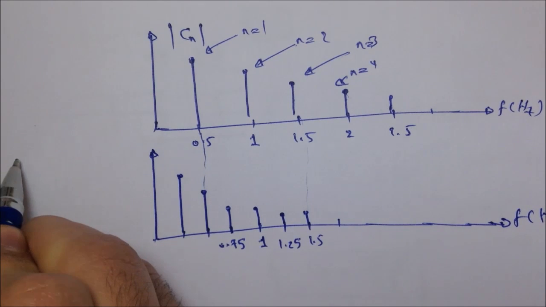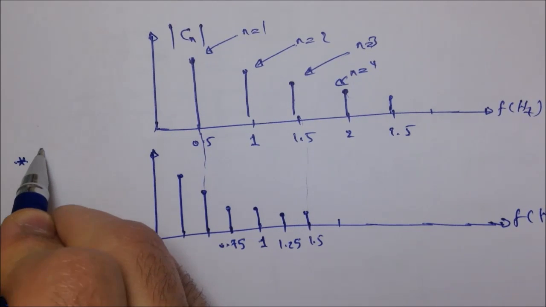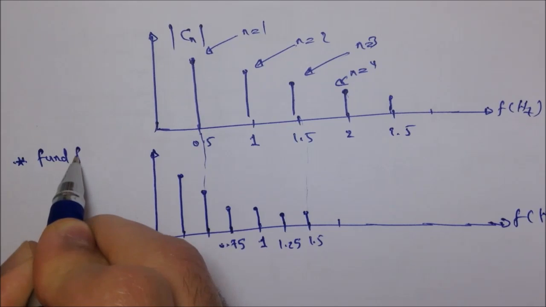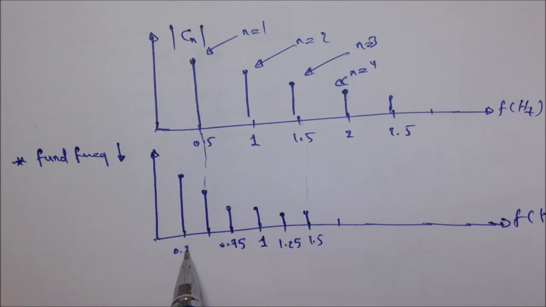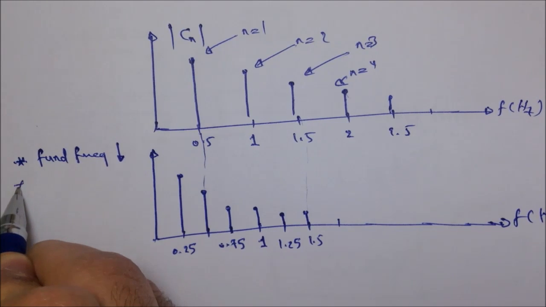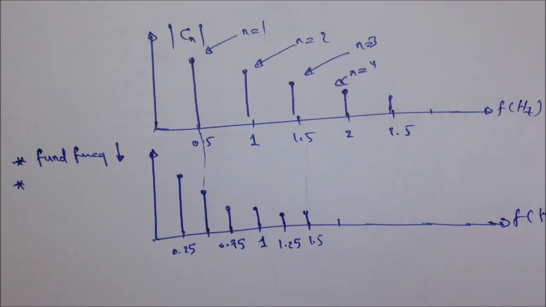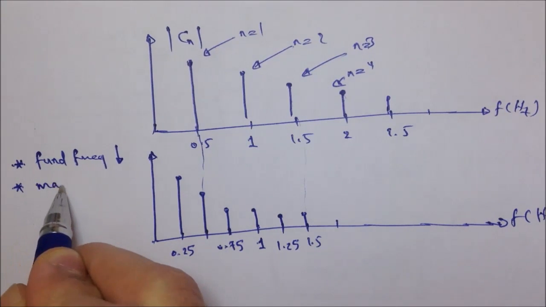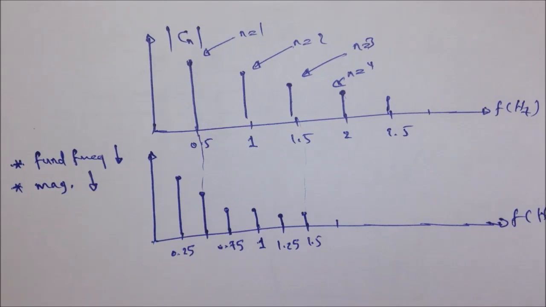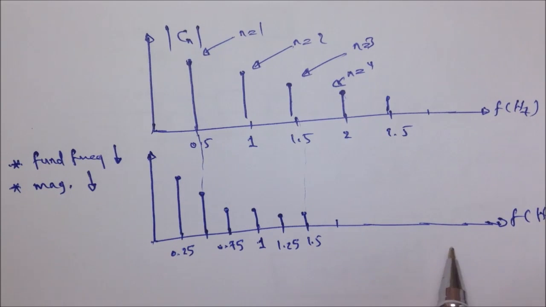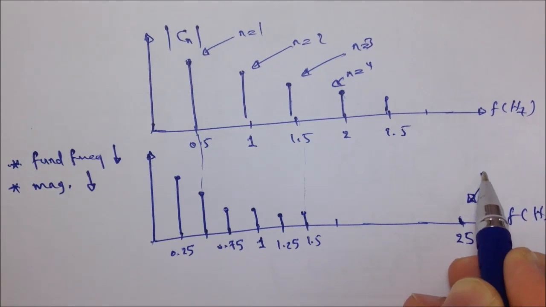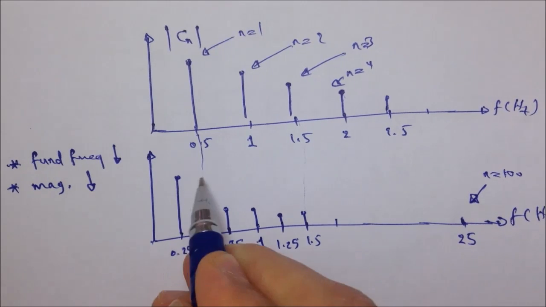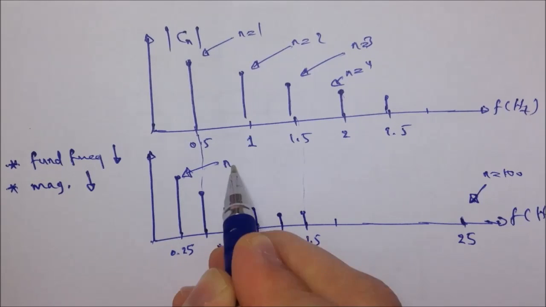So we can see that the fundamental frequency is going down. It was 0.5 hertz and now 0.25 hertz. We can also see that the magnitude of harmonics is going down. For example, if you want to find the magnitude of a component that has a frequency of 25 hertz, you need to substitute n equals 100, since you get this when n equals 1.